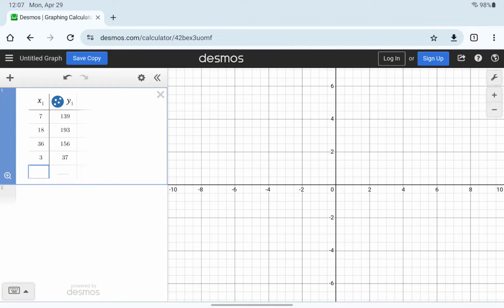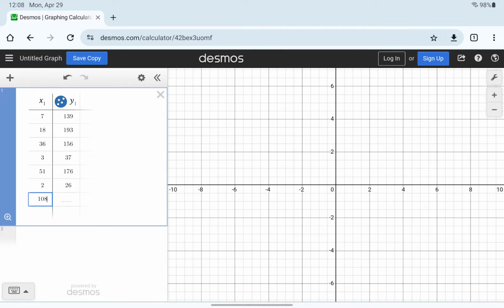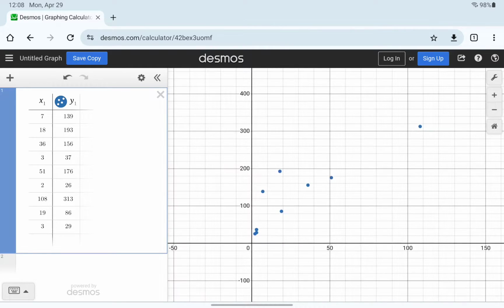So the two values for the same country have to be across from each other. Once we have that data entered, we can click on this little plus magnifying glass to zoom fit and see our data.